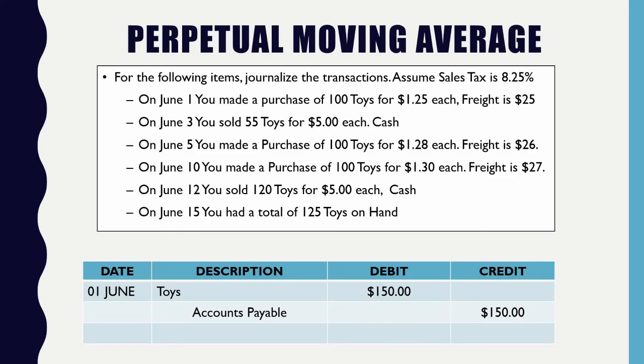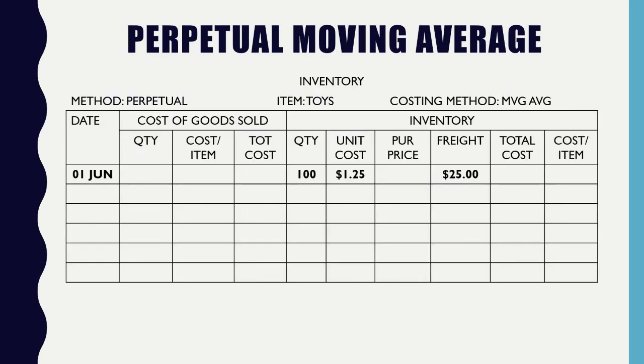So again, let's take a look at our scenario here. On June 1st, we purchased 100 toys at $1.25 with the freight costing $25. So right off the bat, just exactly how we've been doing it, we're going to plug our numbers into the purchases area in our inventory worksheet.